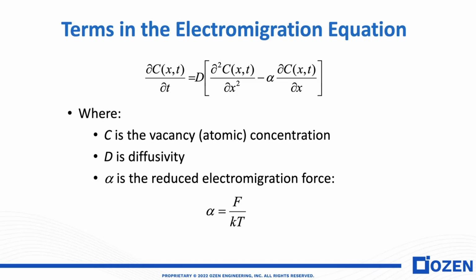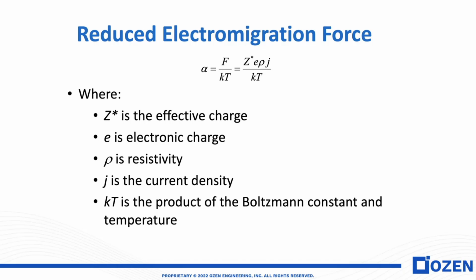And alpha, we are going to get more into this, because the calculation of alpha is going to be an important calculation where we have to take into account the different physics. But staying with the traditional equation, alpha is force divided by kT, where k is the Boltzmann constant, and capital T is the temperature.